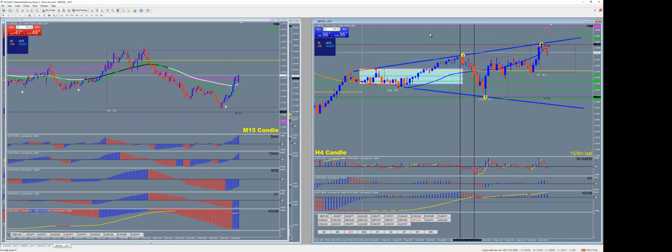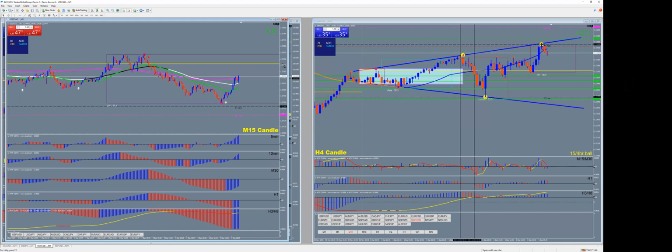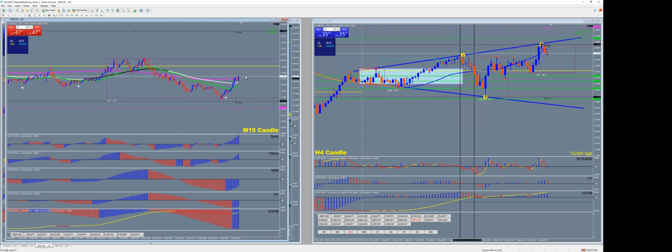Playing with people's emotions. If the pound dollar is going to fall, the CAD is not going to come back. The dollar is strong right now.